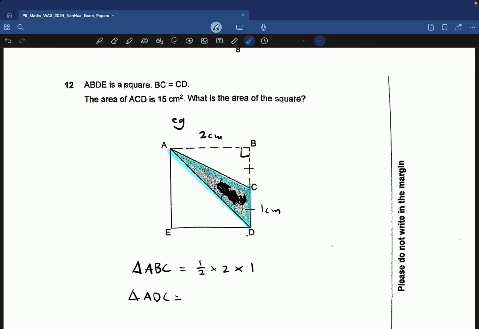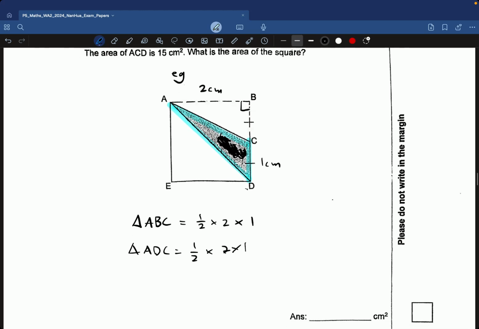So we also know earlier that the base is always a solid line, not a dotted line, but the height can be a dotted line. So 2 centimeters by 1 centimeter in this case, right? So half times 2 times 1. So basically, ABC and ADC are the same.